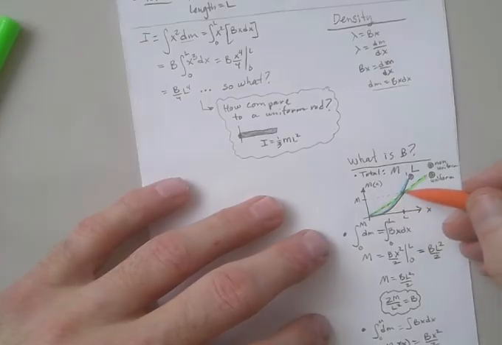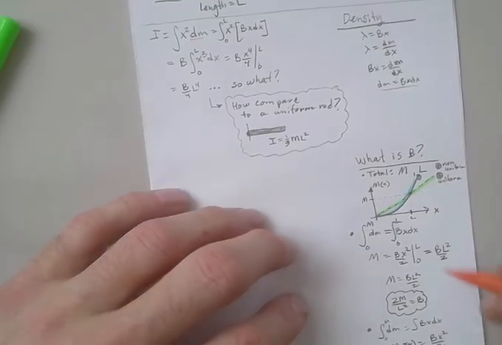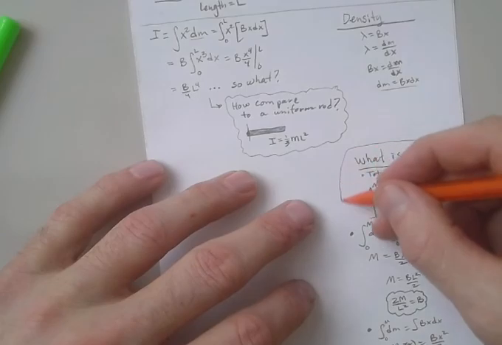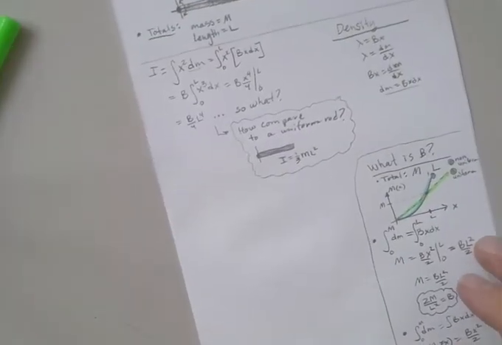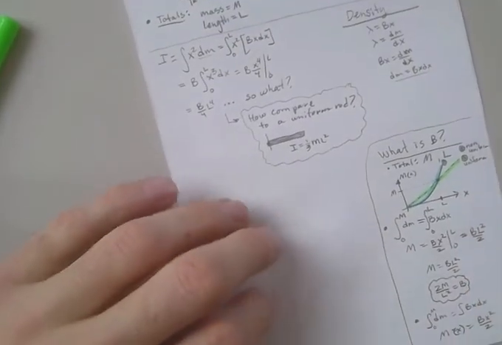The further out you go, the more rapidly you're gaining mass. Okay, so there's a little bit of insight about what b is and how the mass behaves over the distance for the whole object.